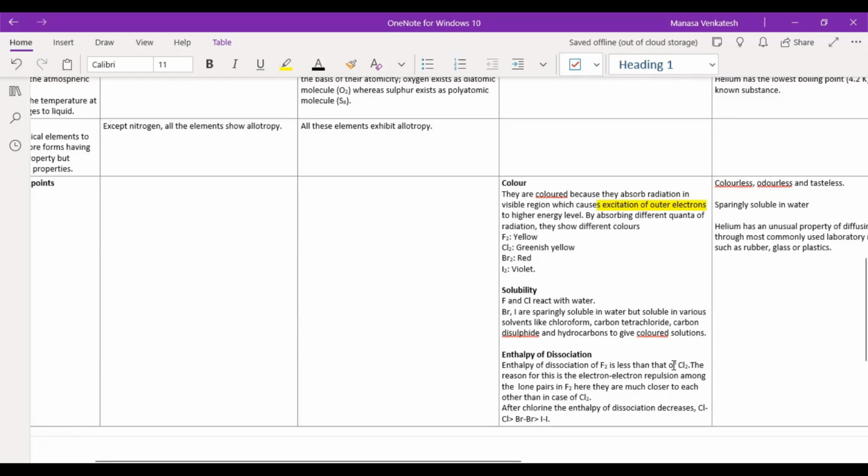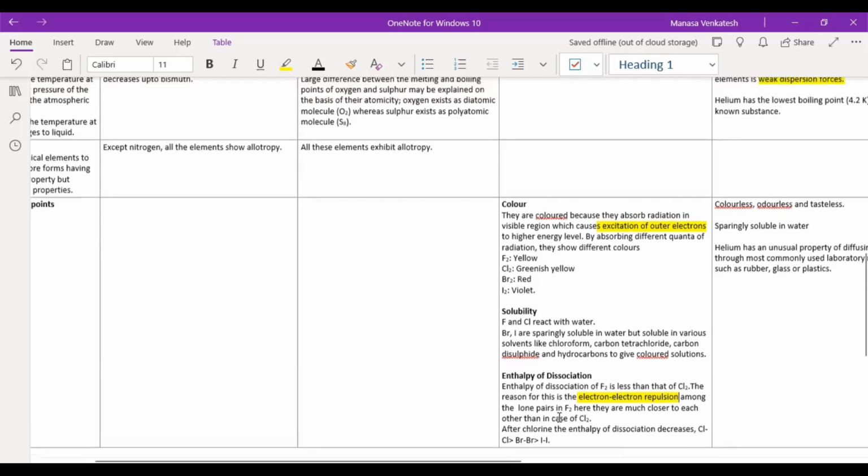As it's written over here, the reason for this is the electron-electron repulsion among the lone pairs of electrons which are closer together. If they're closer together, they obviously want to be farther apart because of repulsions. After chlorine, the enthalpy of dissociation decreases in the order chlorine is more than bromine, more than the iodine molecule.